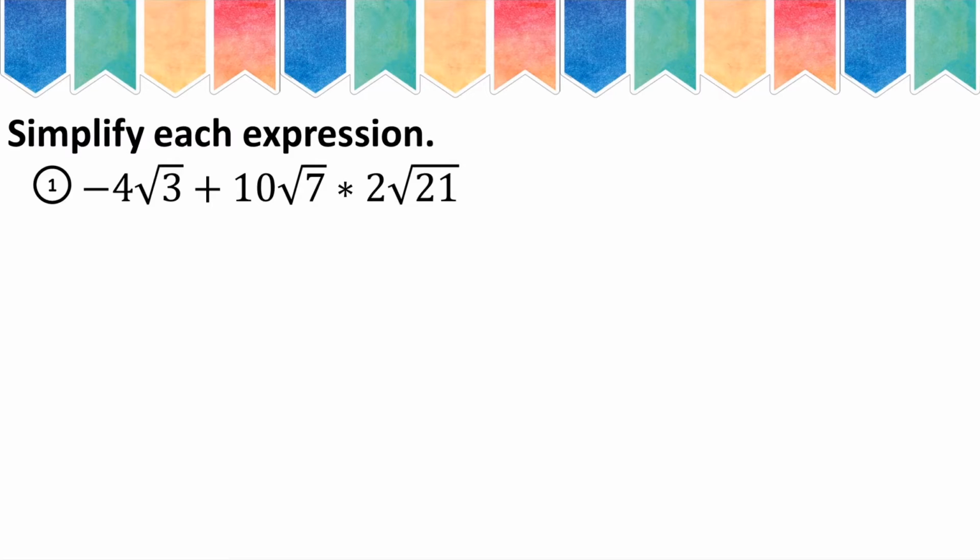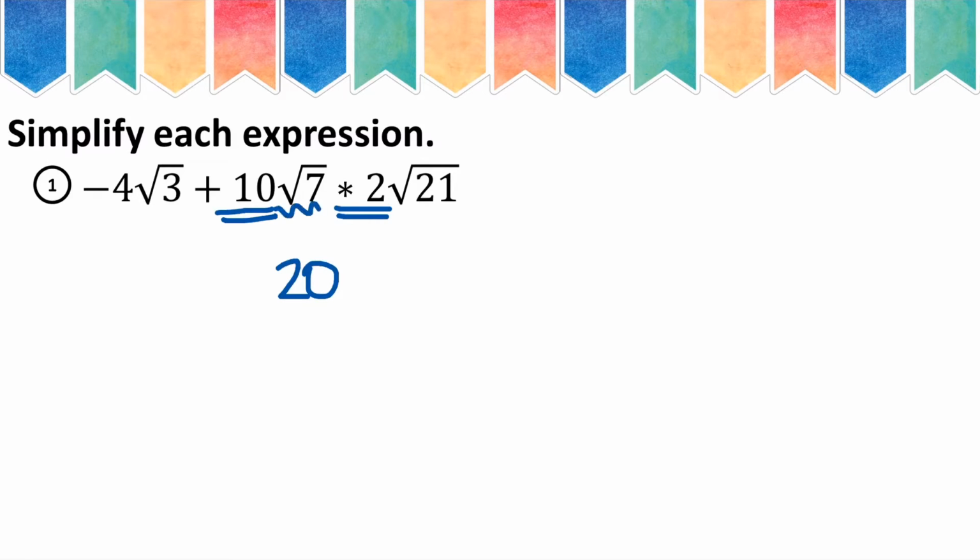Remember that when I look at a problem that has both addition and multiplication, order of operations tells me I must do multiplication first. So, I will take 10 and multiply it with 2 to get 20.